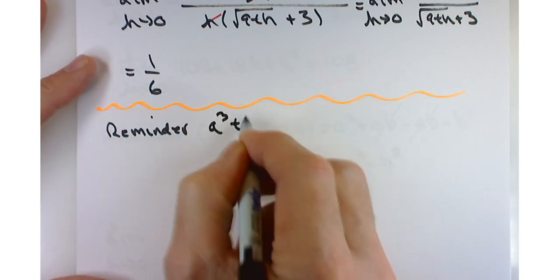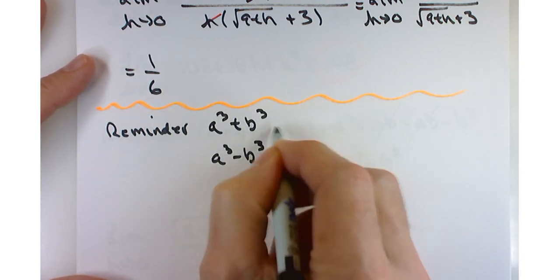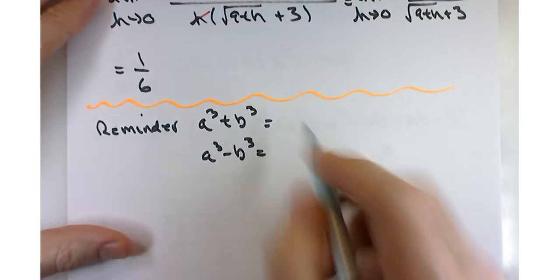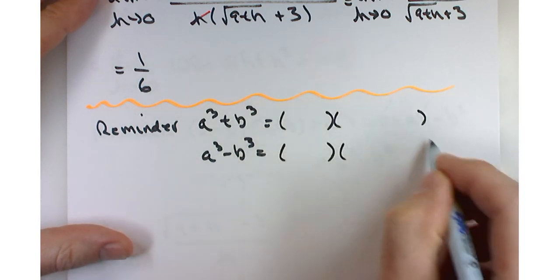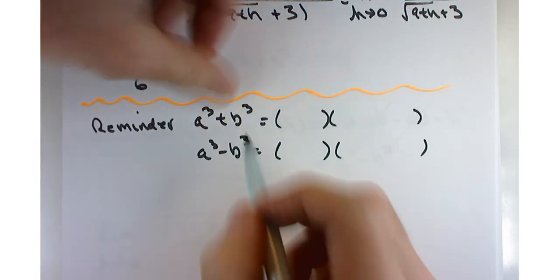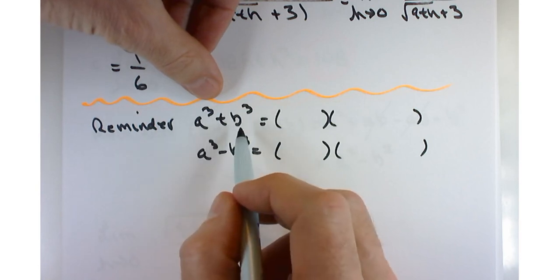A cubed plus b cubed and a cubed minus b cubed. So this is some factoring. And the factoring is, you know, something that you don't use often enough that you might not remember it. So let me help you out. In the first one, you've got the sum of two cubes.